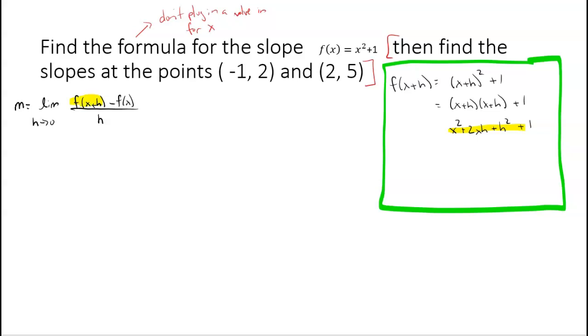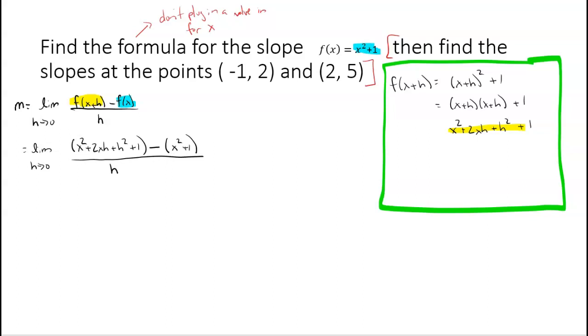Now, for the f of x, the good news is I already know what f of x is equal to. f of x is equal to this right here. So I already have everything that I need to plug in. So the limit as h approaches 0, and then parentheses x squared plus 2xh plus h squared plus 1, then minus x squared plus 1, all over h.